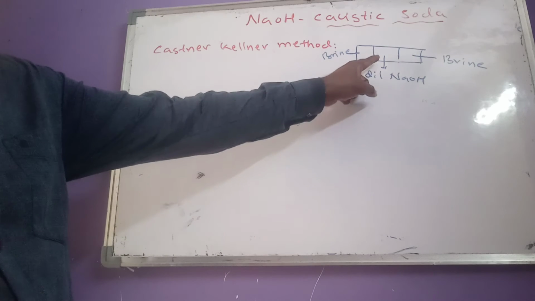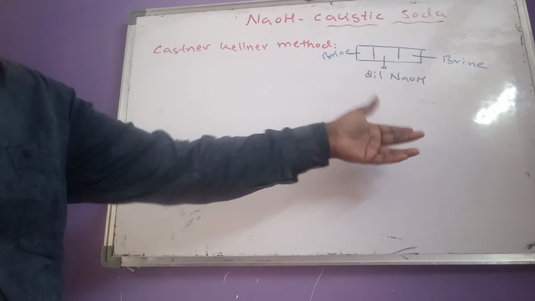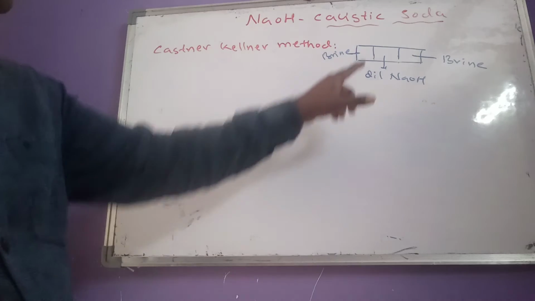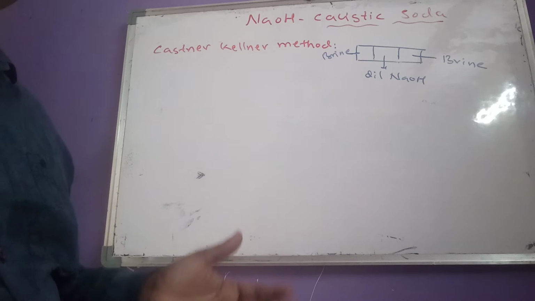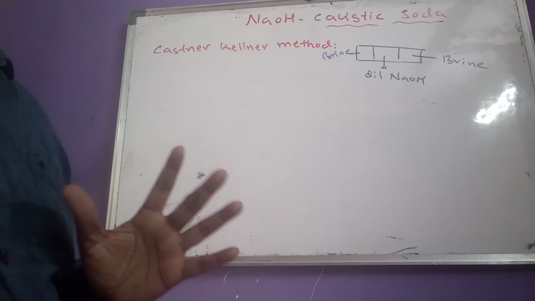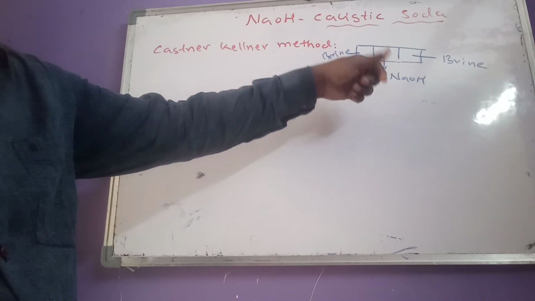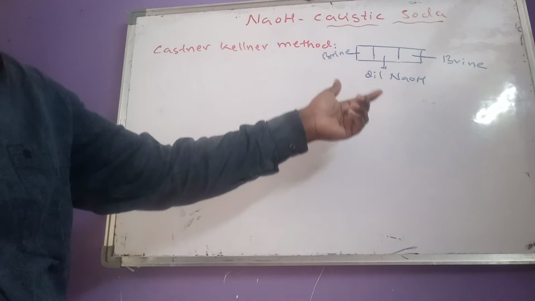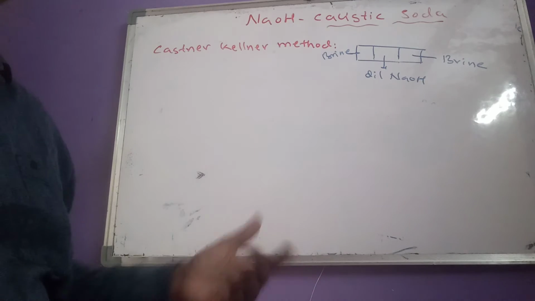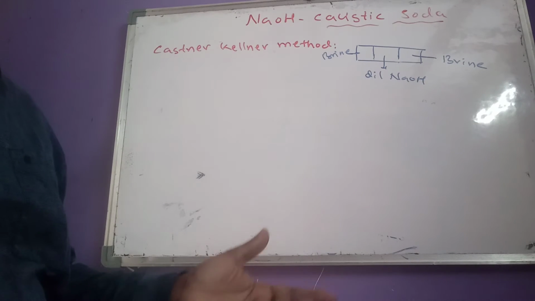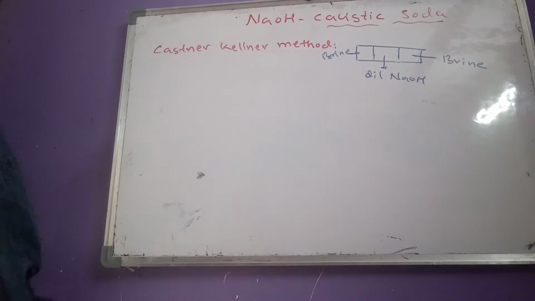Also, pure water is an electrical insulator, so to make pure water an electrical conductor, a little amount of NaOH is added. So there are two reasons why dilute NaOH is taken in the middle compartment.